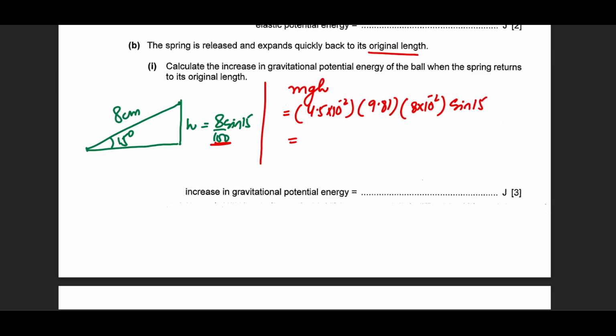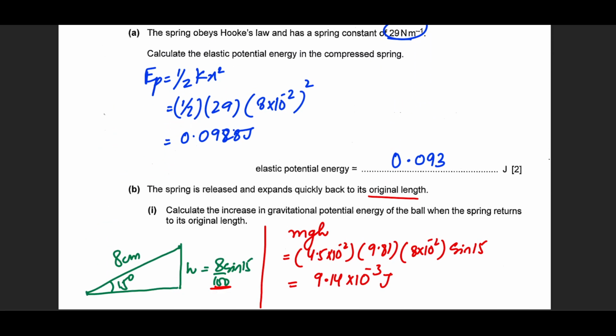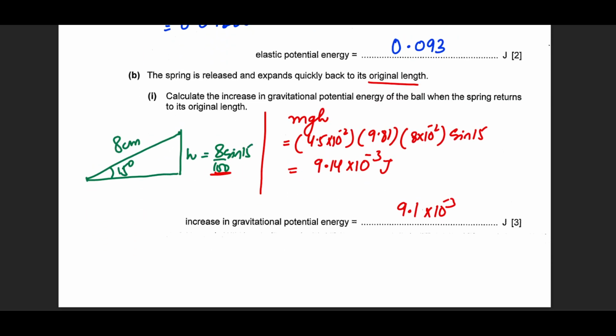Once you calculate this, your answer is going to come out as 9.14 into 10 raised to the power minus 3 joules. So this becomes 9.1 into 10 raised to the power minus 3. Now, for that perspective, if I want to write this down, this will be 9.3 into 10 raised to the power minus 2. Okay. And this comes out as minus 3.